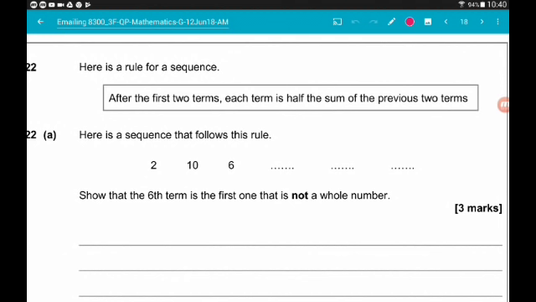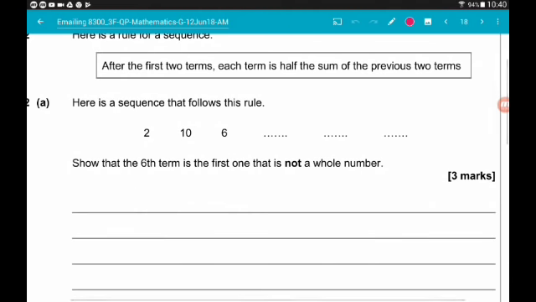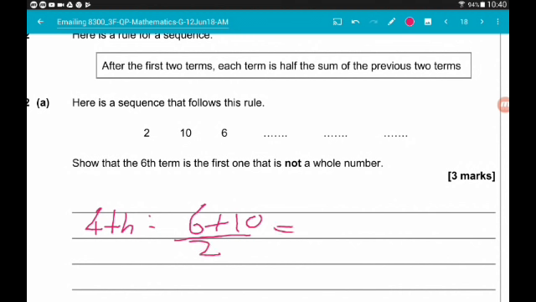We want to show that the 6th term is the first term that is not a whole number. So the 4th term is 6 plus 10 divided by 2, which is 16 divided by 2, so that's going to give us 8.